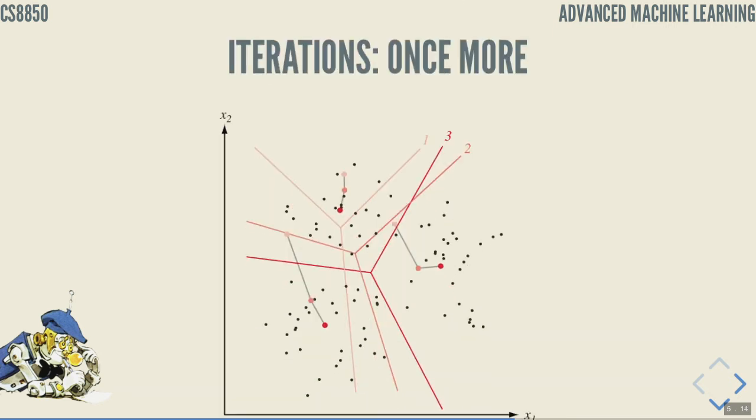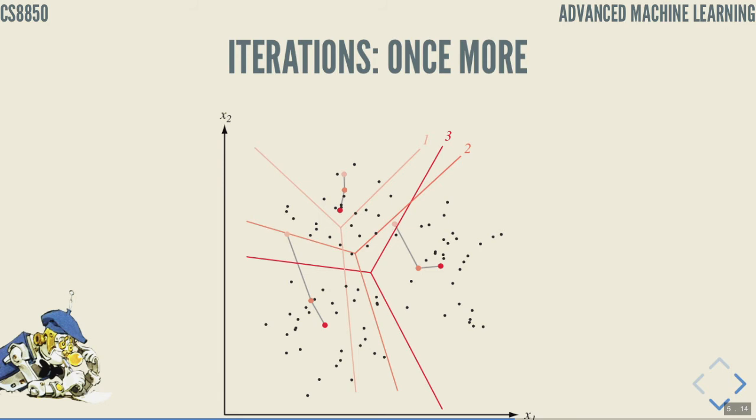Just to reiterate what is happening, we're starting with any random choice for mean 1, mean 2, and mean 3 in this 3 mean example from Duda and Hart, their famous pattern classification book.